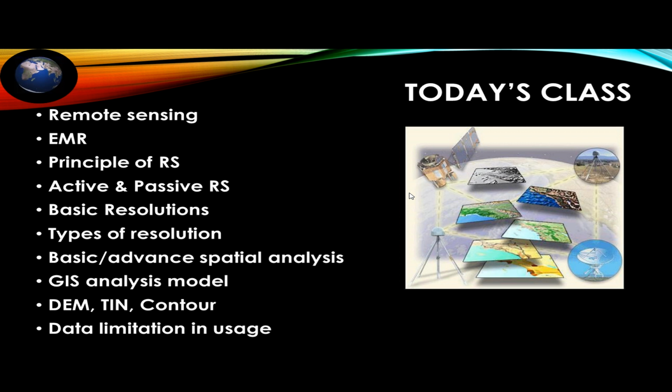So today's class will be based upon how remote sensing plays a role in GIS, what things should be taken care of, and the basic idea of remote sensing application in GIS.